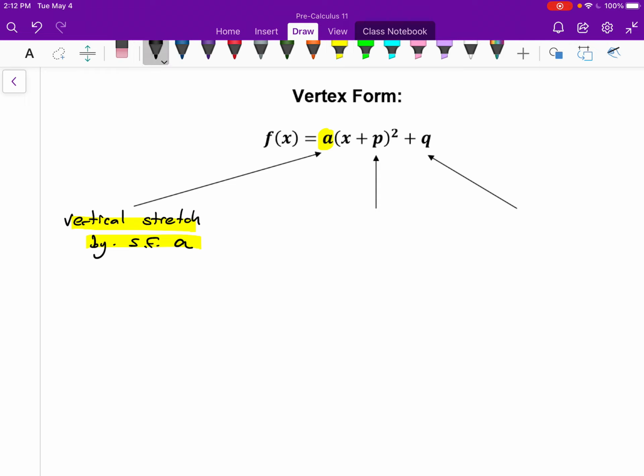As well, it can represent a vertical reflection if a is negative. And all that's mentioned in more detail in the previous lesson. This p shows us a horizontal translation. And in doing so, also shows us the x-coordinate of the vertex.